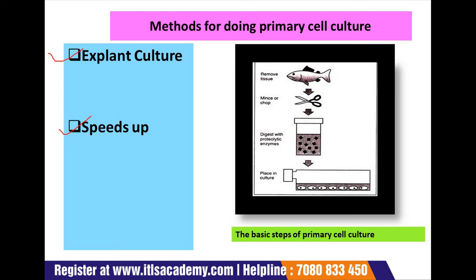You can see in this picture, if we are taking fish tissue, it is minced or chopped with scissors, digestion with the proteolytic enzyme is started, and it is placed into the culture medium or culture flask. So this creates a suspension of single cells that are then placed into culture vessels containing culture medium and allowed to grow and divide. This method is called enzymatic dissociation.